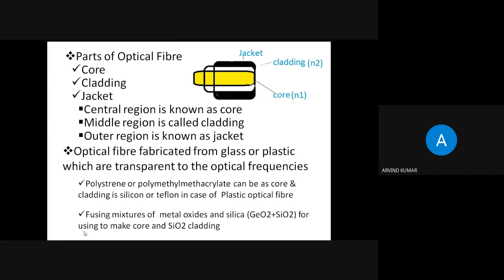If we want to make the fiber using glass, in that case we will take a mixture of metal oxide and silica.